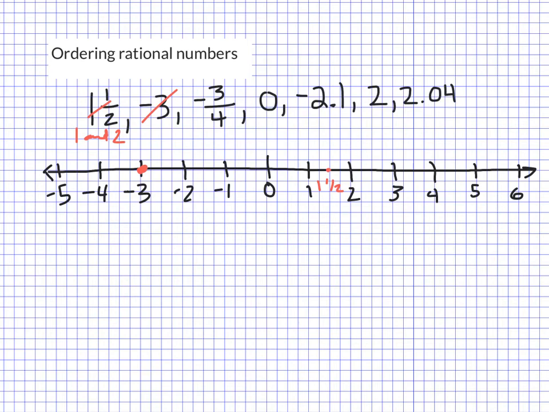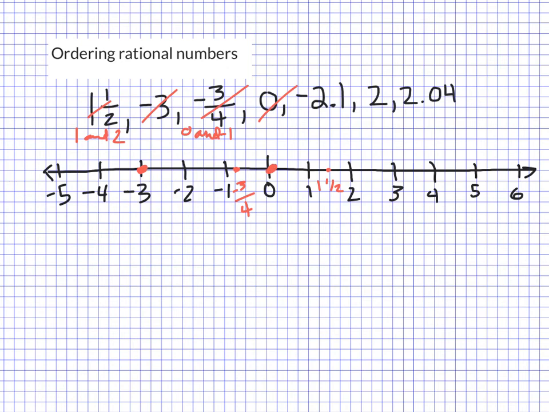Well, 3/4 is between 0 and 1, but this is negative 3/4, so that must be between 0 and negative 1. And it's closer to negative 1, right? Because it's only a quarter away. So that means it would be right here at negative 3/4, between 0 and negative 1, but closer to negative 1.